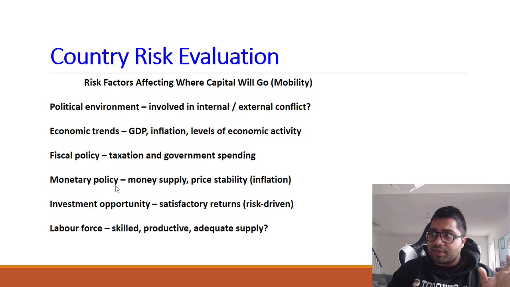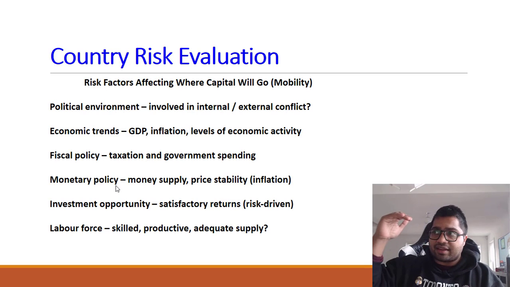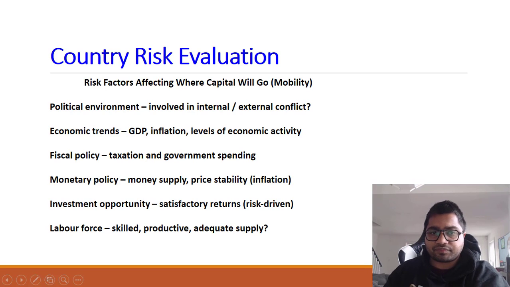So there is a central bank that does monetary policy. Monetary policy deals with how much money supply and how much credit supply is there in an economy. And fiscal policy deals with taxation and government spending. Monetary policy includes money supply, price stability, focus on inflation, investment opportunities, satisfactory returns, which is generally risk driven.